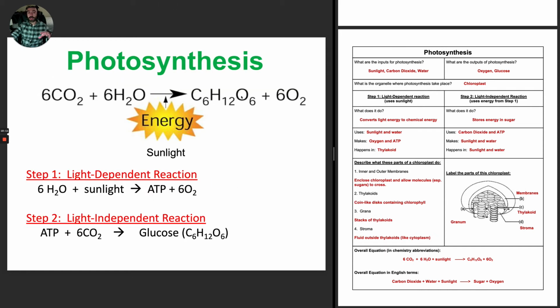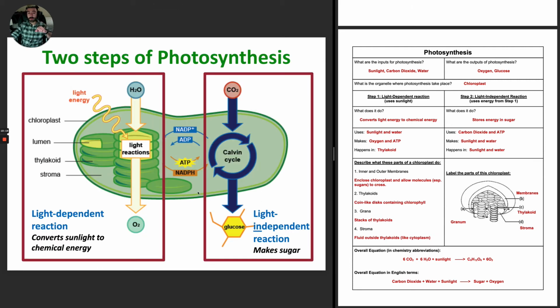So here's how we would break up that equation into those two different reactions. But I like to think of it this way. If we look at our chloroplast here, in the first step, our inputs are light and water. That water comes into the cell through the roots in the plant, right? It comes into the cell, and the light energy breaks up those water molecules.